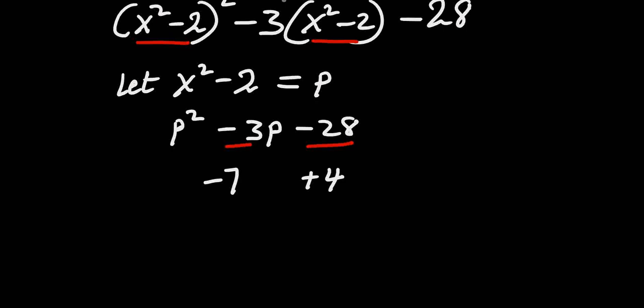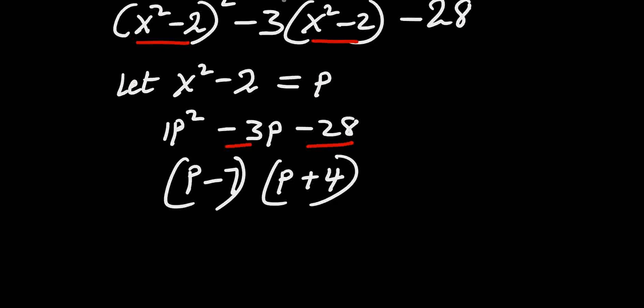So all we have to do, because the coefficient of the leading term, which is p squared, is 1, we can simply add p to this, put it in parentheses, p. Good. So we have successfully factored this quadratic, and now we can substitute the value of p into the contents of the parentheses, and remember that p is equal to x squared negative 2.